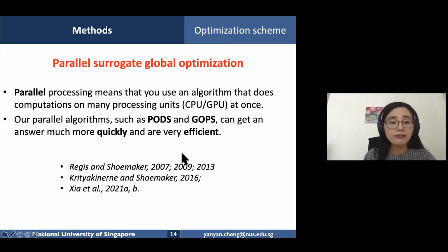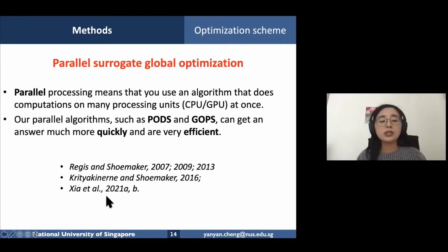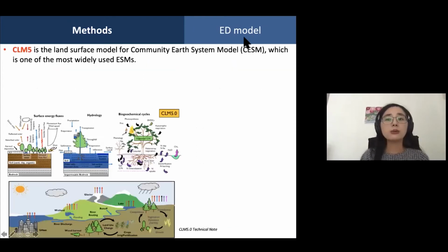They can find the answer very quickly and very efficiently. I won't go into details for these optimization algorithms, but they have all been published and validated in the literature.